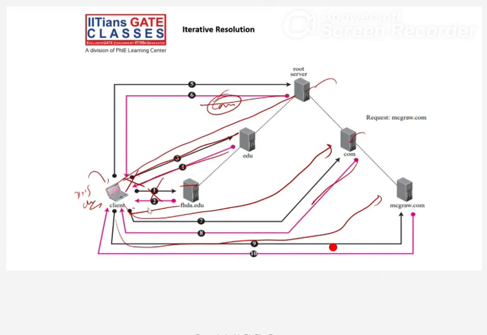Now the server needs to do some task, and the server has the IP, but the server doesn't know the domain name. So the server can send the IP to the DNS server, to the inverse domain, to find out the domain name corresponding to that IP, right?